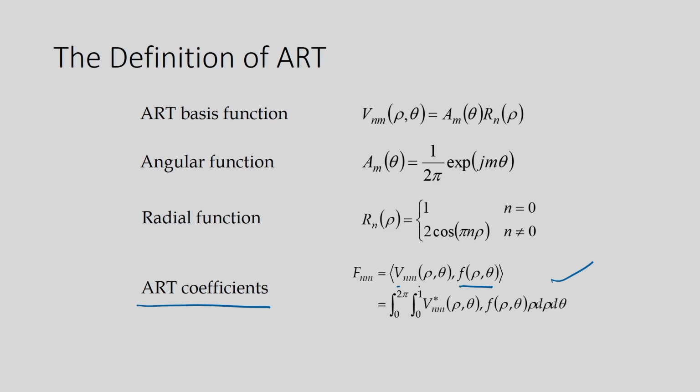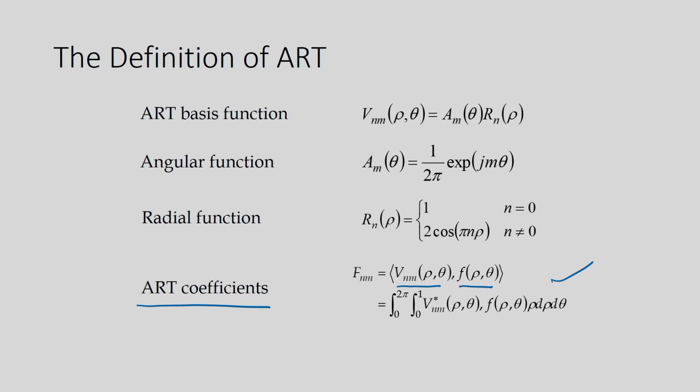So my basis function is V_nm. That is, I am considering the inner product between V_nm, the ART basis function, and the image f(rho, theta). So ART is the orthonormal unitary transformation defined on a unit disk that consists of the complete orthonormal sinusoidal basis functions in polar coordinates.